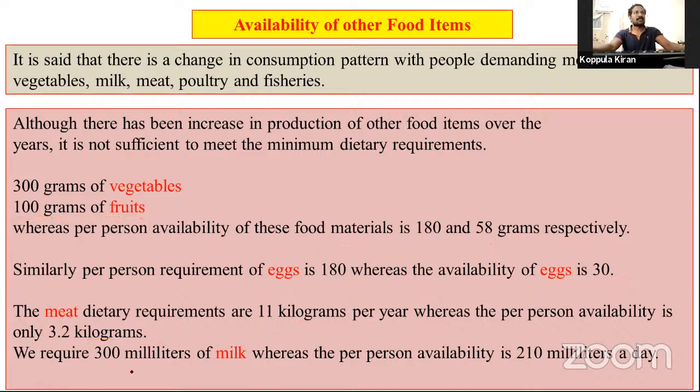Another thing is milk. Every day we have to take 300 milliliters of milk, but availability is only 210 milliliters a day. These are the other food items available. That's why we said that it is not sufficient to meet the minimum dietary requirements.